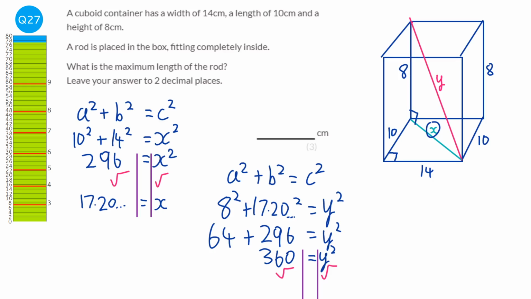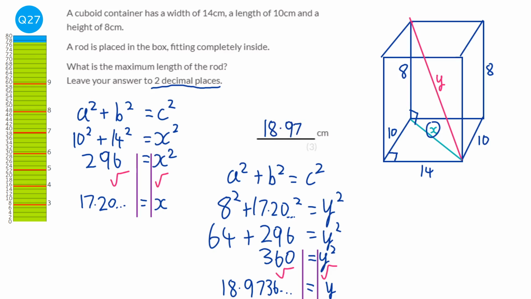So I'm going to square root this, and it gives me the answer of 18.9736 and so on equals y. Now it says it wants the answer to 2 decimal places, so it would be 18.97 to 2 decimal places.